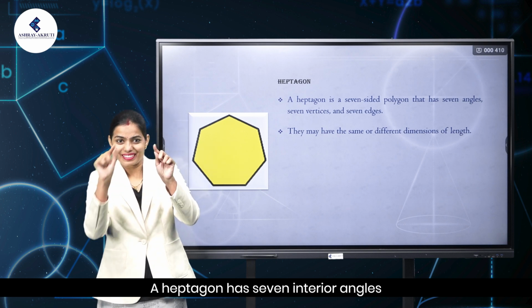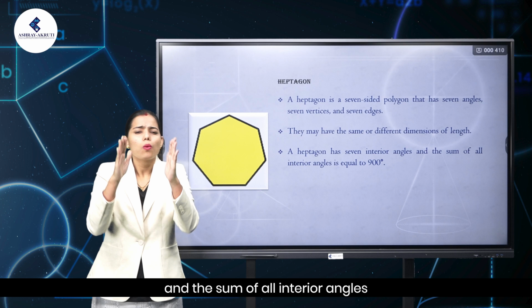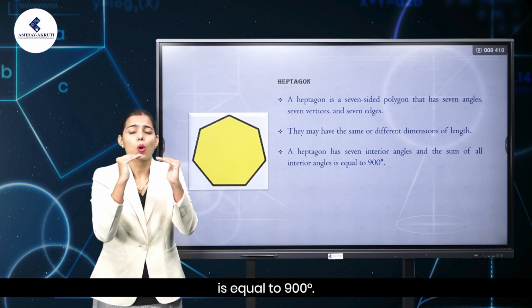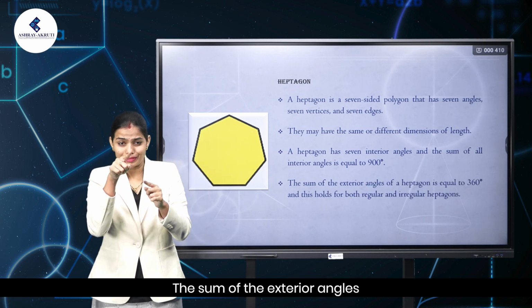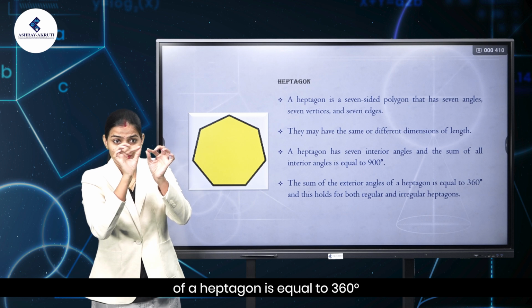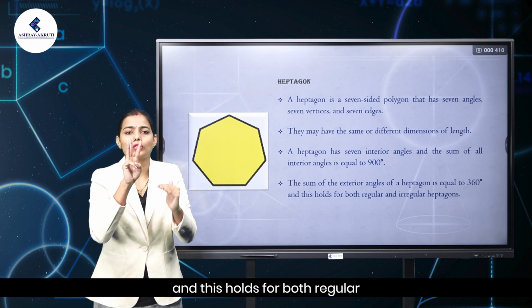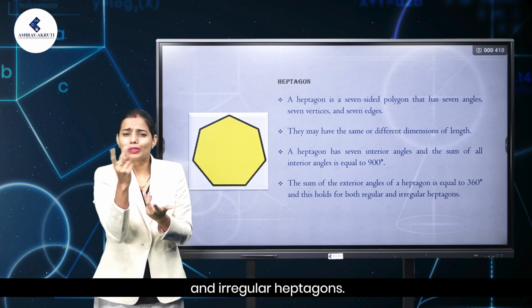A heptagon has 7 interior angles and the sum of all interior angles is equal to 900 degrees. The sum of the exterior angles of a heptagon is equal to 360 degrees and this holds for both regular and irregular heptagons.